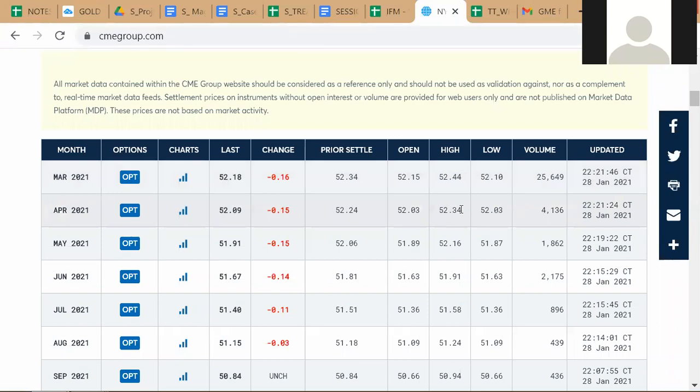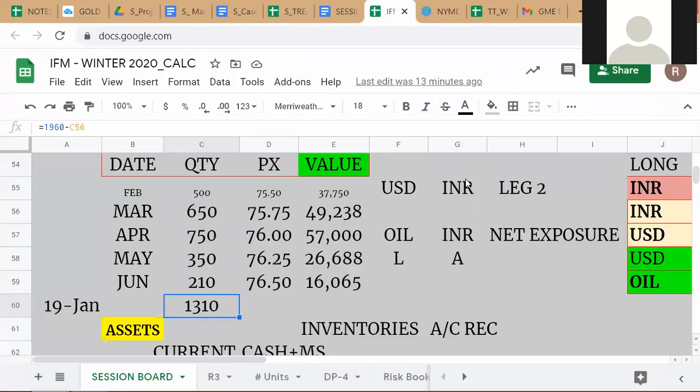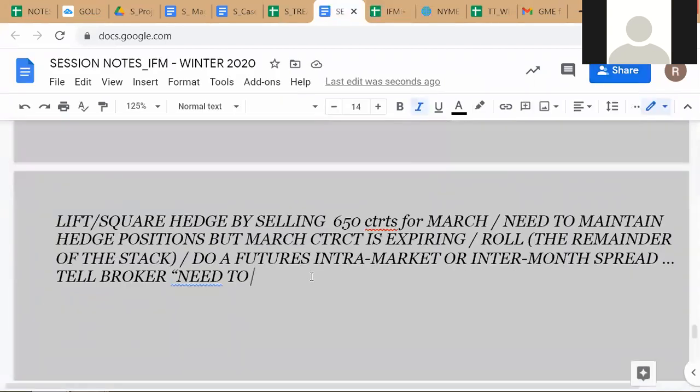But since the spread does not create a net position, if you're buying for April, you must be selling for March. And that makes sense, because if you sell for March, the remainder of your March long position will go to zero. All right, so we will tell the broker, notice your remaining position 1310. You will tell the broker I need to sell and buy, sell and buy March against April.